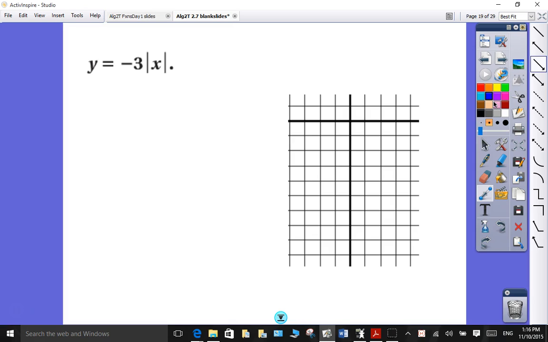But the way I like to think of it, especially if you've got a nice grid to look at, what is going to be the slope of the left side of that V? Positive 3, right? And the slope of the right side of the V? Negative 3. So the vertex has not been shifted. There's no adding or subtracting of anything. It's just being multiplied by 3.